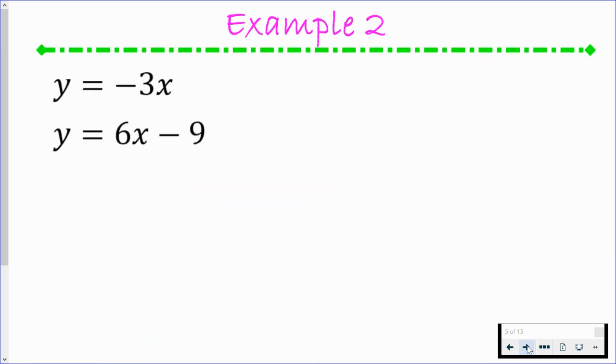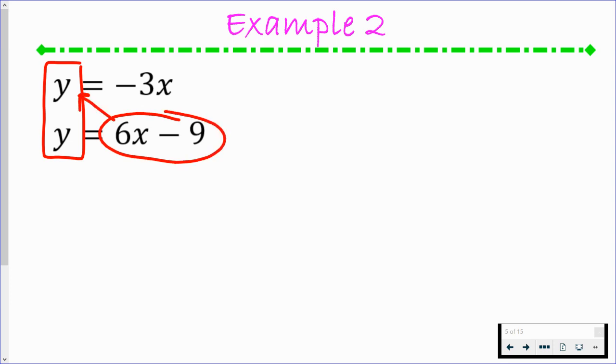Example 2. If you notice for this example, they're both y equals. So I always say when they're both y equals, we set them equal. What I'm literally going to do is take this 6x minus 9 and plug it in where the y is.